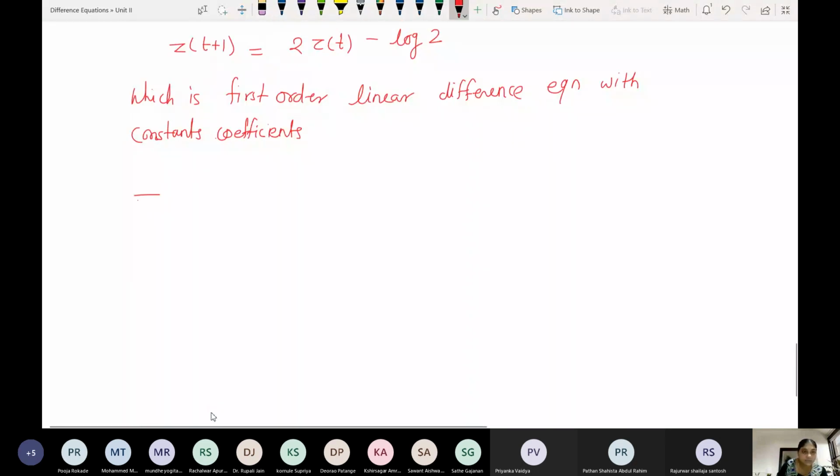This implies what is z of t? Z of t will be C times 2 raised to t plus this is also there, r of t is there, so log of 2.